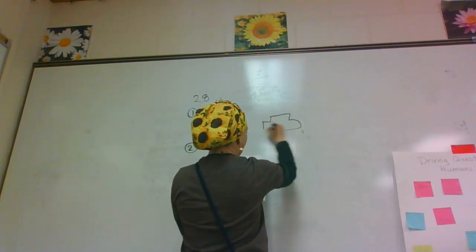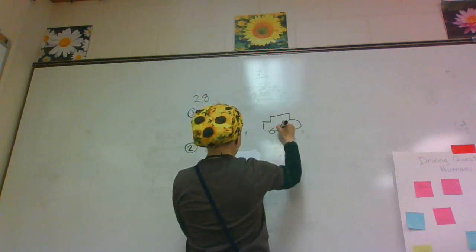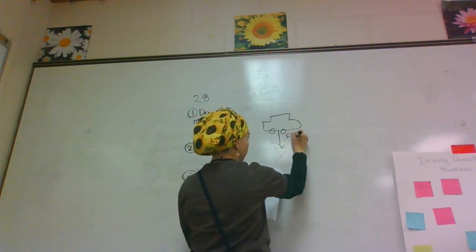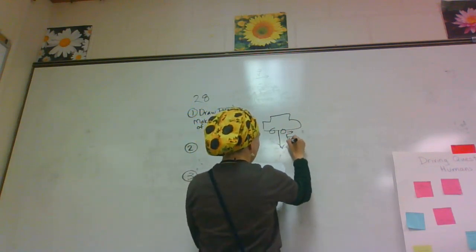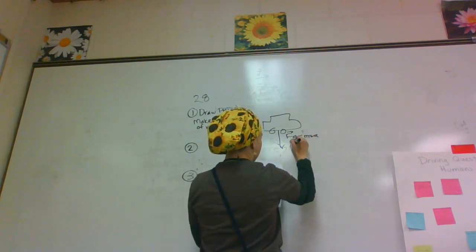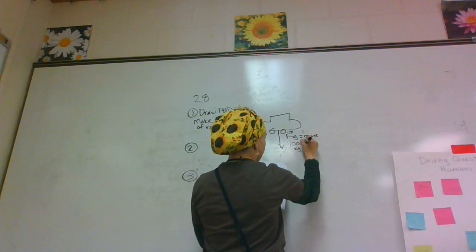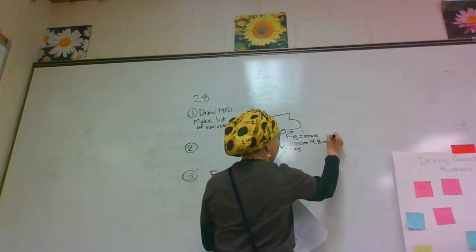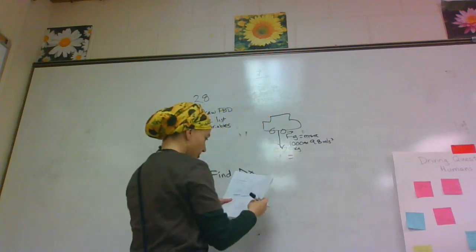So I have this car. I know that the car has a mass of 1,000 kilograms. And so right away, I'm going to go ahead and calculate the force due to gravity, which is mass times acceleration. Mass is 1,000 kilograms times my acceleration due to gravity on Earth, 9.8 meters per second squared. Again, you can use 10 if you prefer.